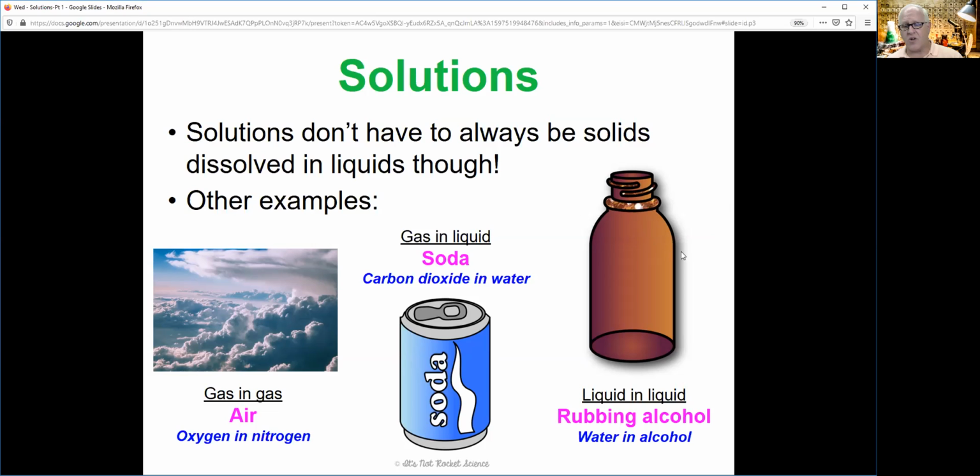And you can also have a liquid in a liquid. There's a solution known as rubbing alcohol, and it's used to work on the skin, and that is a combination of water in alcohol together. So these are all solutions. You can have gas in gas, gas in liquid, and liquid in liquid. So it doesn't always have to be a solid going into a liquid to make a solution.